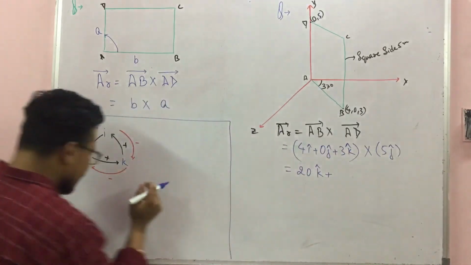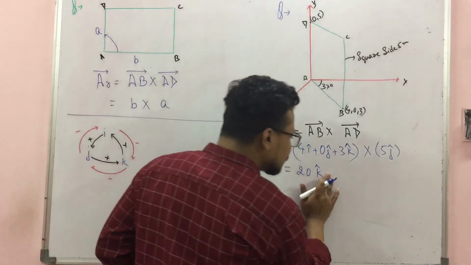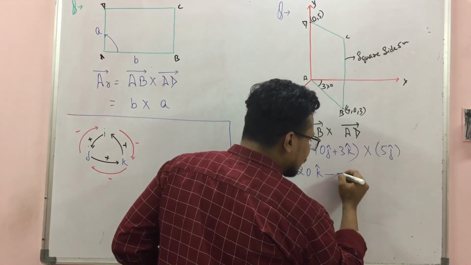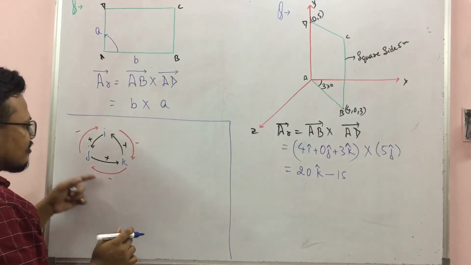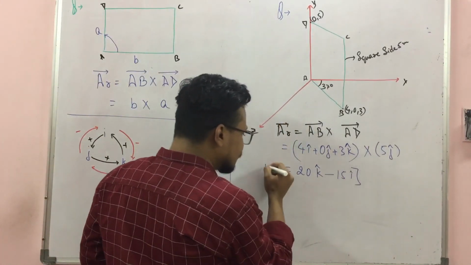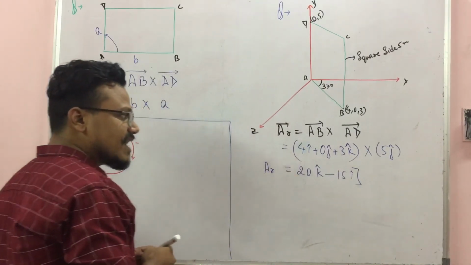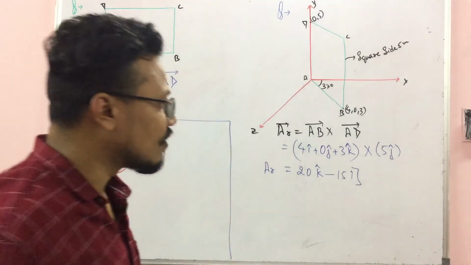K cross J is going in the opposite direction, so the minus sign will come. K cross J is i cap. See what exactly you got. The area equals 20 k cap minus 15 i cap. So we got the answer here.